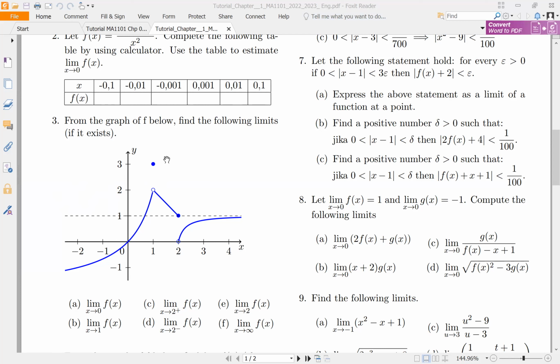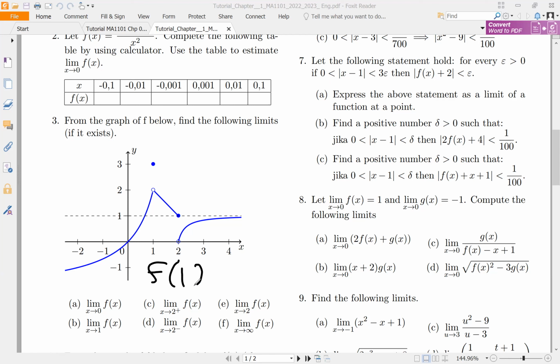In this case, we have the graph of the function f, and you should answer the question about the limit here. I will give an additional question. For example, what is the value of f(1)?